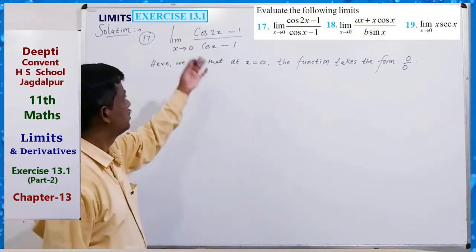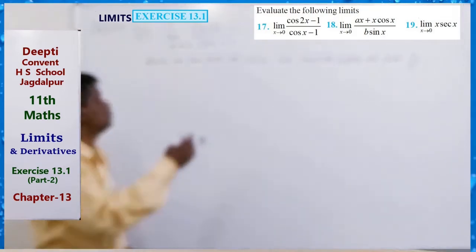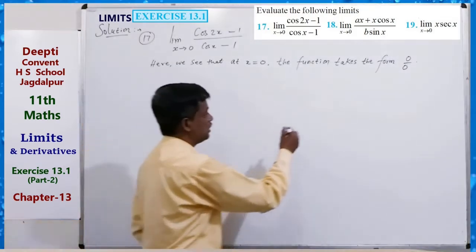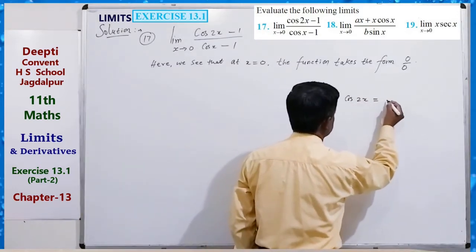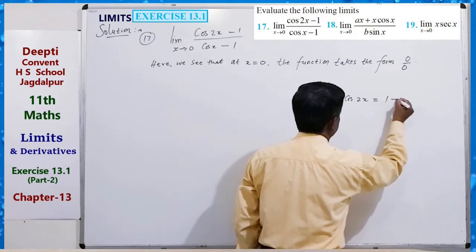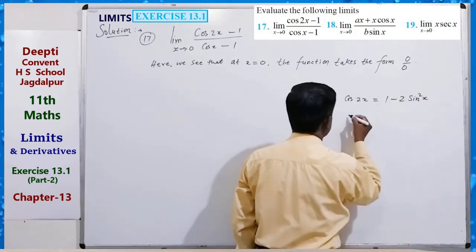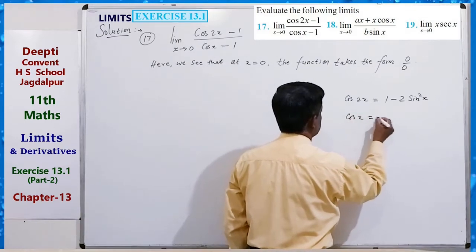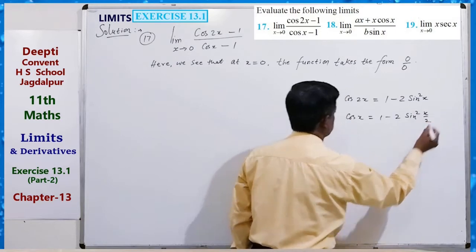This function involves trigonometric functions, so we can use a trigonometric formula. We know that cos 2x equals 1 minus 2 sin square x. Also cos x equals 1 minus 2 sin square x by 2.